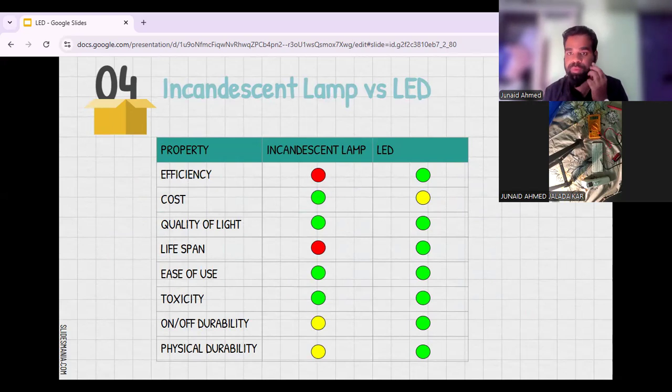One second. For now, the mobile is disconnected here.